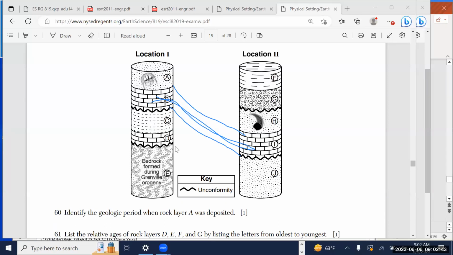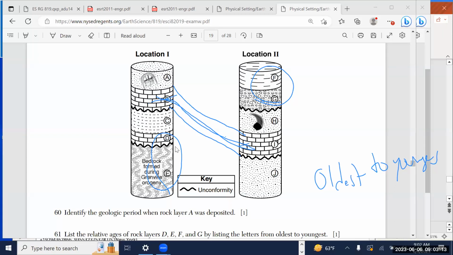One of the things I notice, right, because we're looking at D, E, F, and G, I know that D and E is going to be below this rock layer, and F and G is going to be above this connected rock layer. So now I can do from oldest to youngest. So what is below this connected rock layer here?